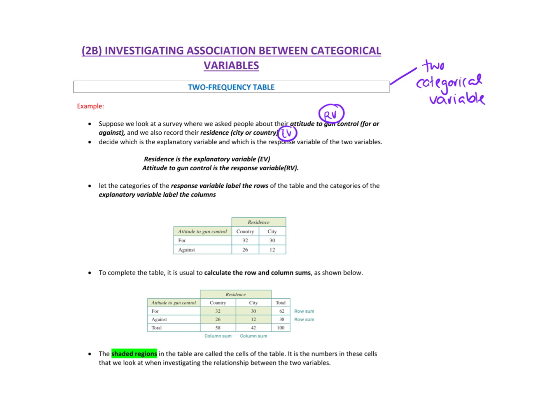because we're going to see whether they respond differently. So we've got this two-way frequency table, and you can see that you've got the attitude on one side and the type of residence on the other. When you have these two-way frequency tables, the RV is going to be in the rows and the EV will be in the columns.